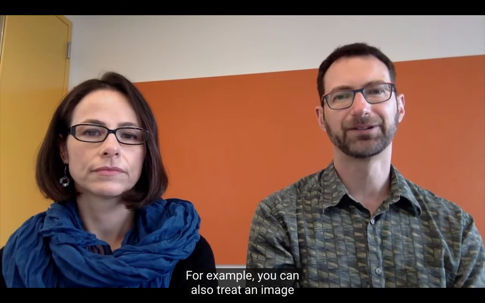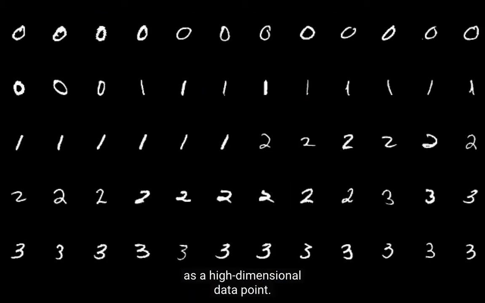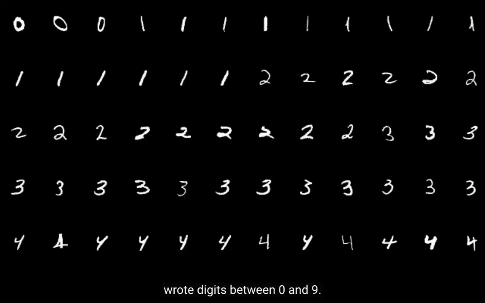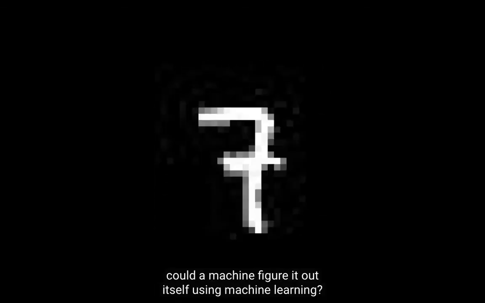And this approach doesn't just work for words. For example, you can also treat an image as a high-dimensional data point. Here's a data set where lots of people wrote digits between 0 and 9. People write in all kinds of ways, so the question is, instead of us needing to manually code rules for all the ways people write, could a machine figure it out itself using machine learning?